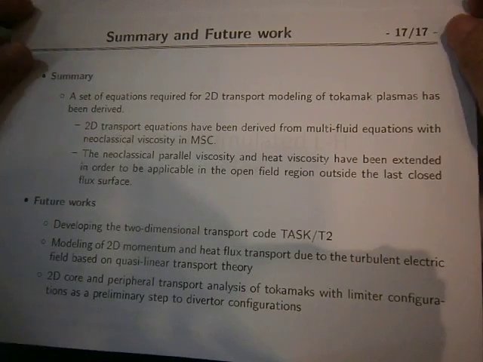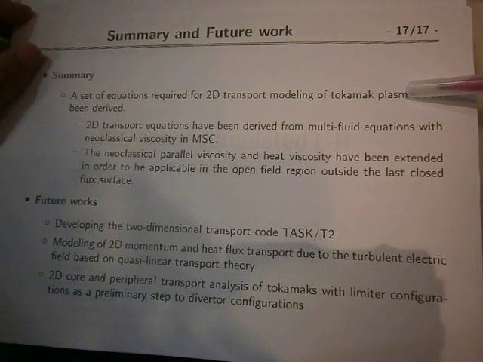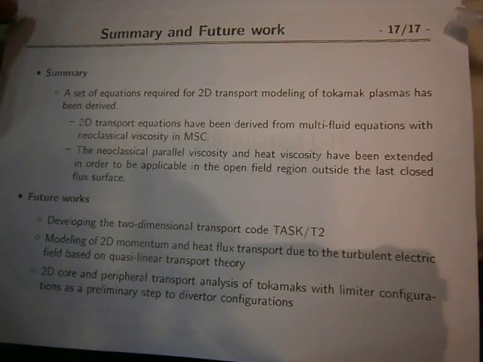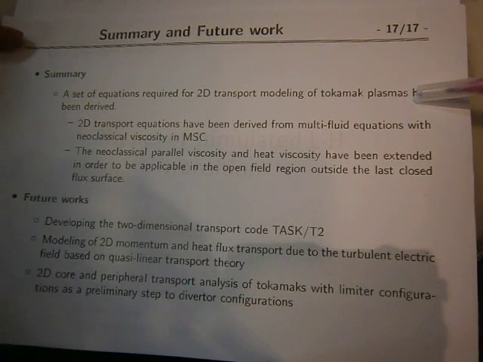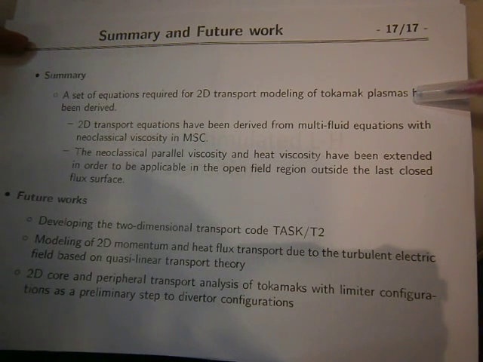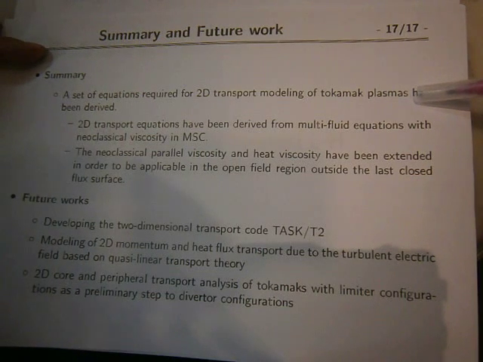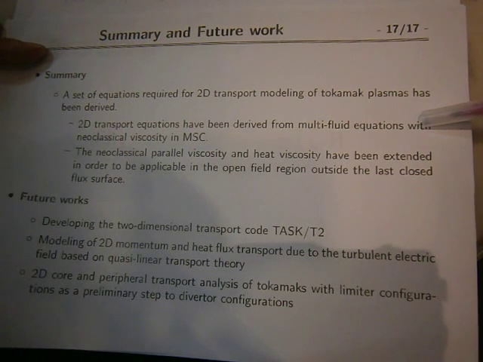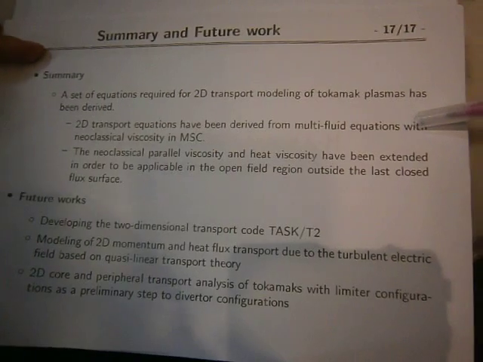Summary and further work. From a set of exploratory required for the 2D transfer modeling and to come phase as a wind 2D transfer equivalents have been developed for the magical regression with the non-classical velocity MSC. The non-classical velocity heat velocity has been extended in order applicable in the open field region outside the laser cross flux surface.